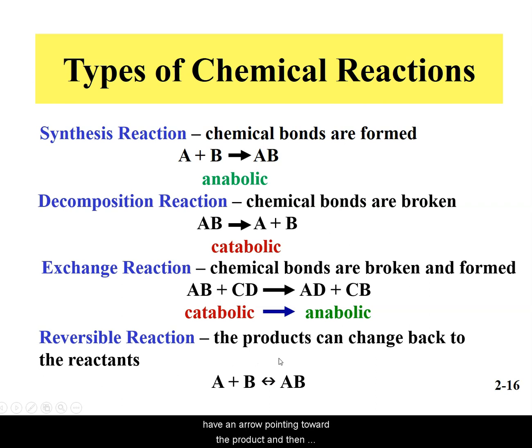Sometimes you have an arrow pointing toward the product and then back toward the reactants, and you can draw it in a couple of different ways, but that means that it is reversible. So your product can become the reactant, and the reactant can become the product. Reversible.